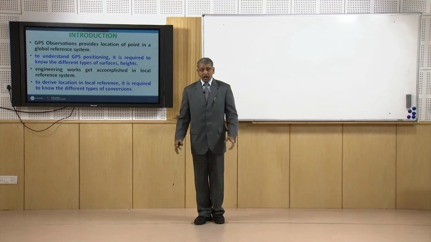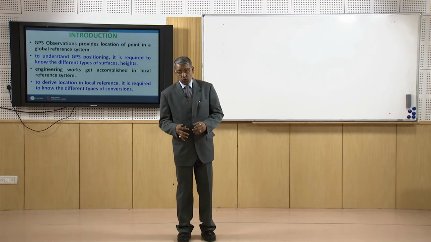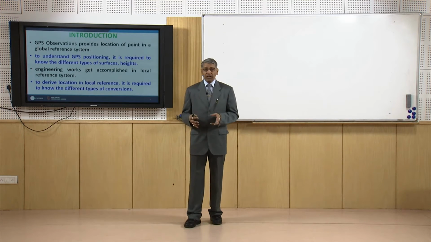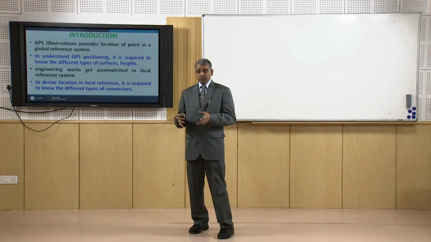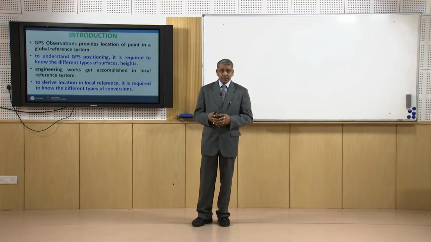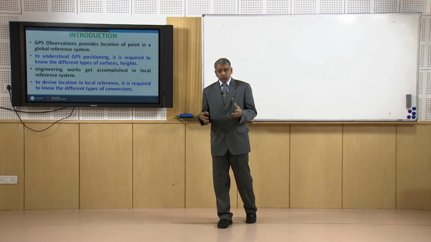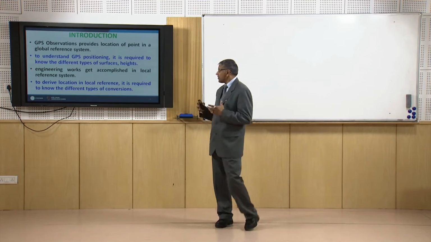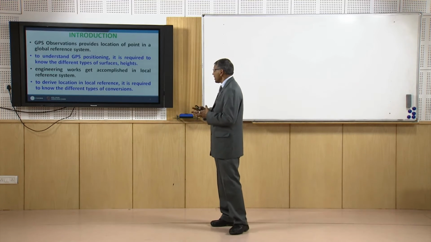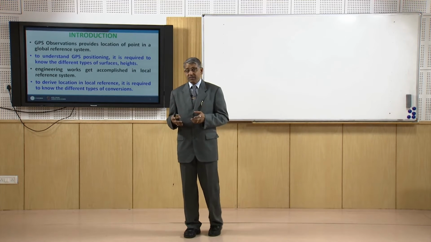As we have already learnt, GPS is used to determine the position of any point, but GPS provides that point in a global reference system, and to understand the global reference system of GPS positioning, we need to know different types of surfaces and heights.